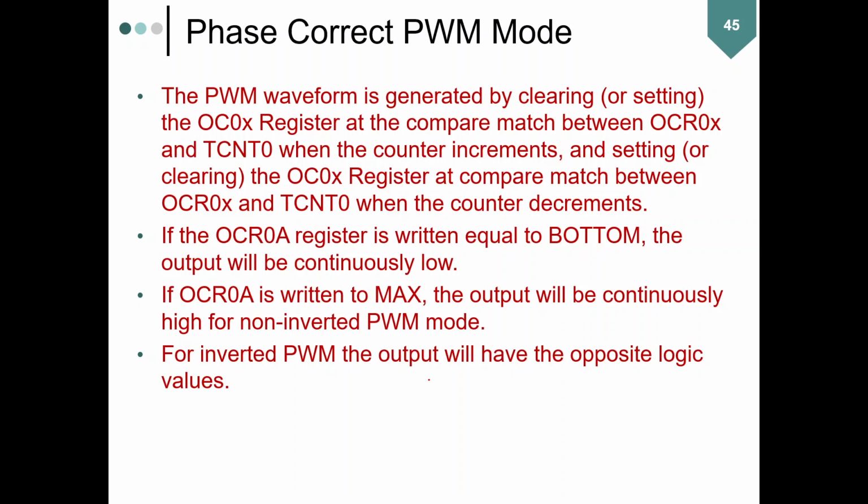So all it is saying is that when you are up counting or down counting and your output compare register values are not set at the extreme values of bottom and max, then whenever a compare match occurs between the output compare register and the timer count, the output compare pin toggles from 0 to 1 or 1 to 0. And the inverted output compare pin has the inverse of this operation.